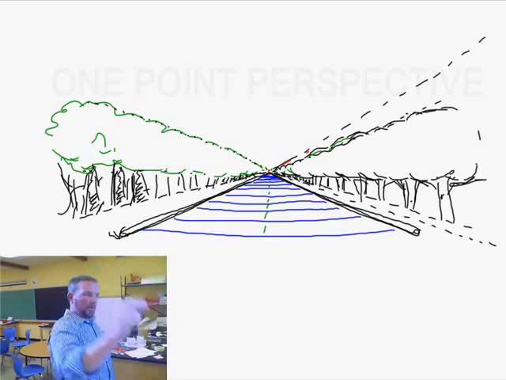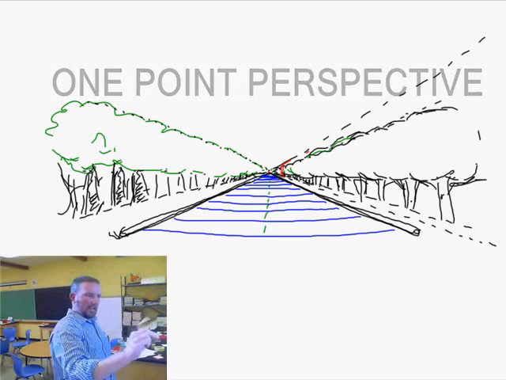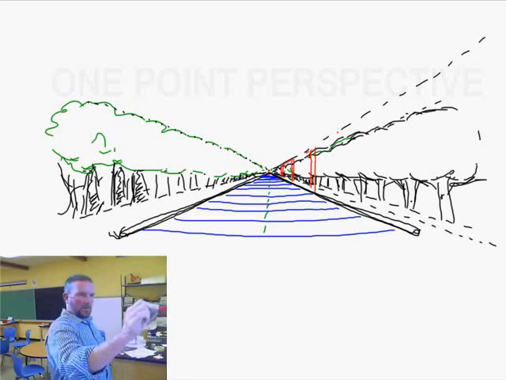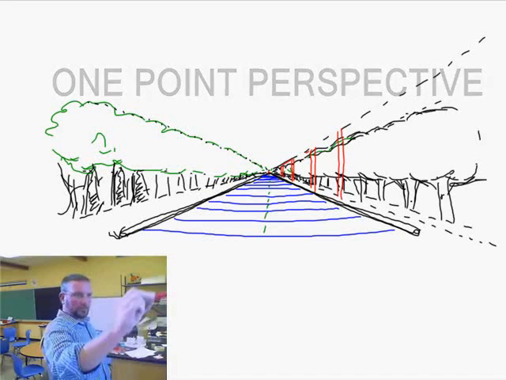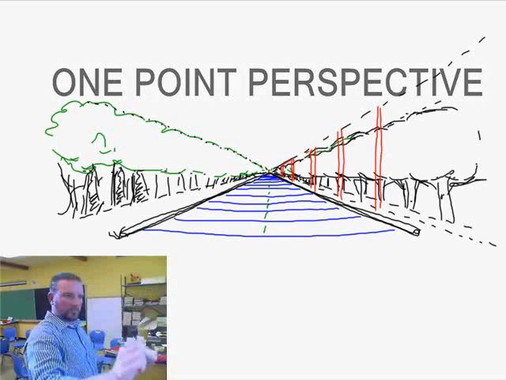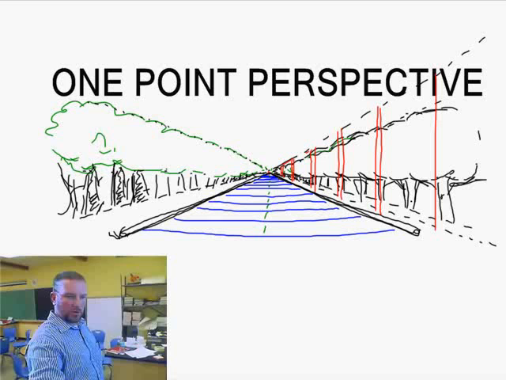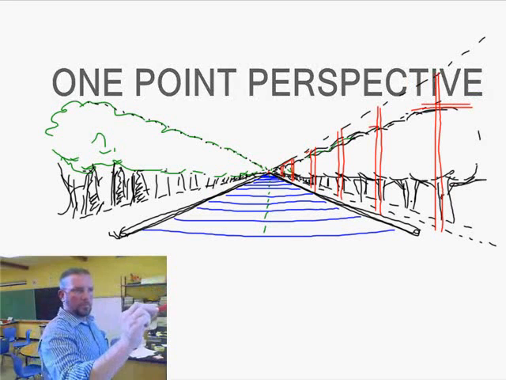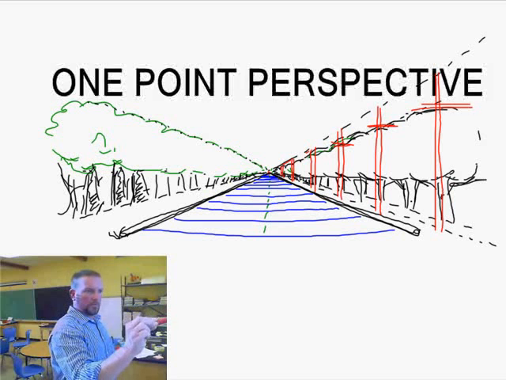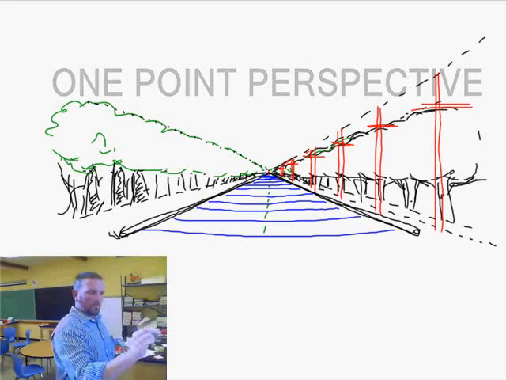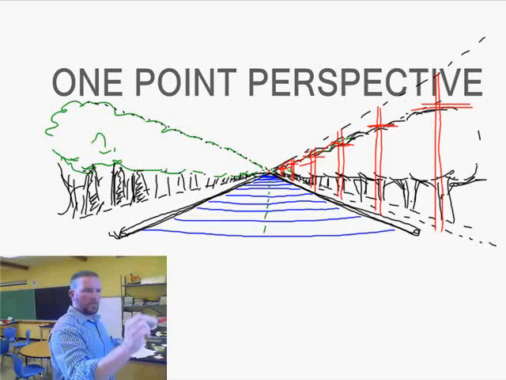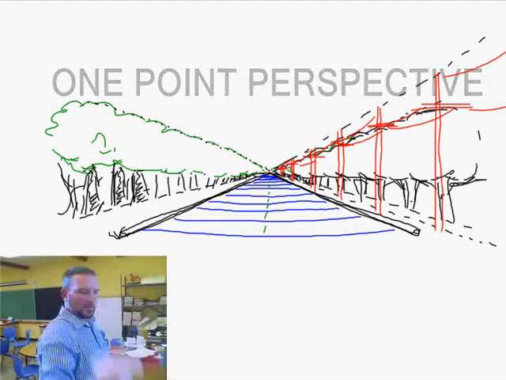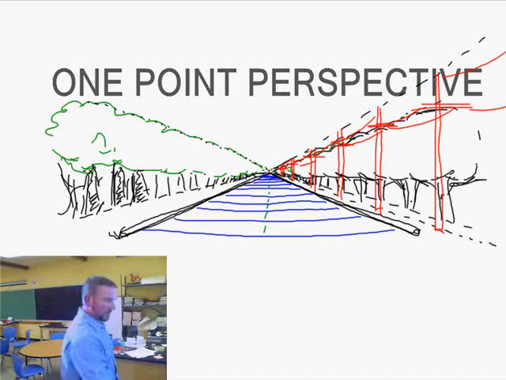This initial line was my perspective to gauge the height of those poles, coming down the tracks here. There's your lines. And now your telephone poles are all the same height.